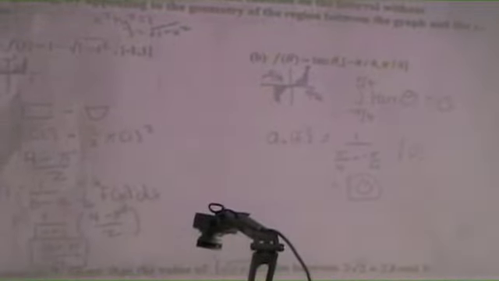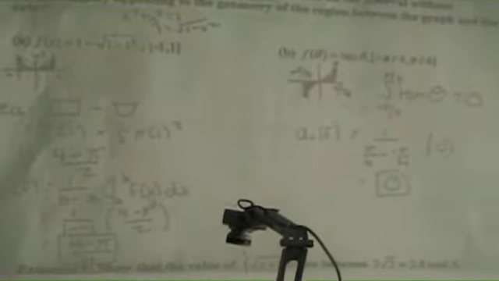Part B, I actually did a bit of work. You didn't have to do too much once you figured out that the negative area and the positive area canceled out. So I was joking about how this would take a long time. Not much to do once you recognize the pattern.